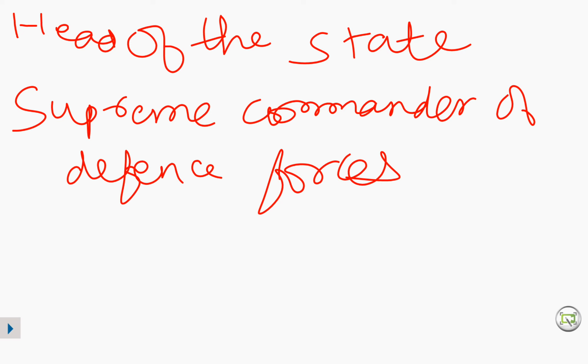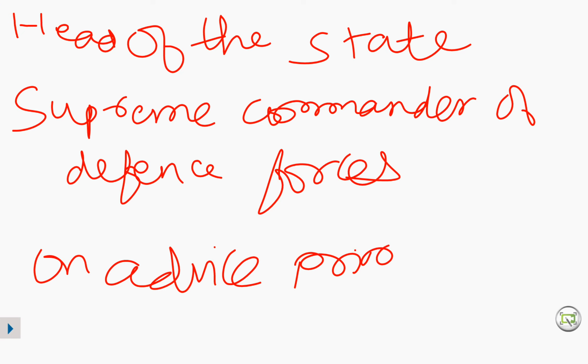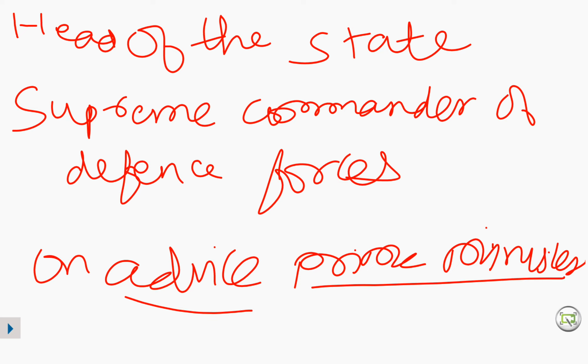Next, the President will exercise his power on the advice of the Prime Minister. On the Prime Minister's advice, the President will do any changes on the basis of the advice of the Prime Minister as well as the Council of Ministers.